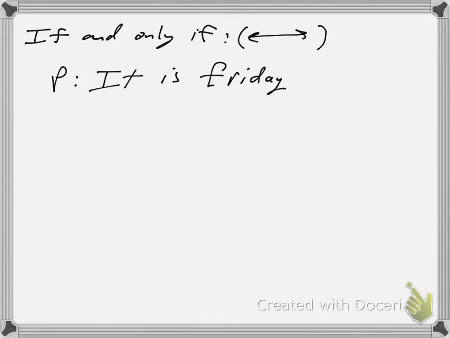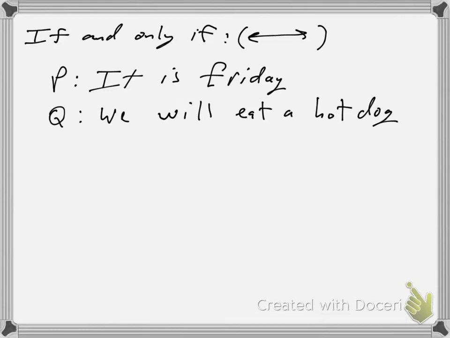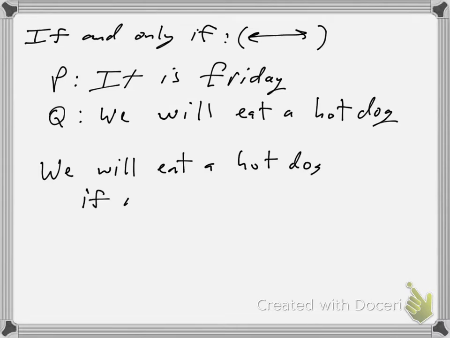It is Friday, and then Q, I'll change the statement. We will eat a hot dog. Okay, so I could say we will eat a hot dog if and only if it is Friday.